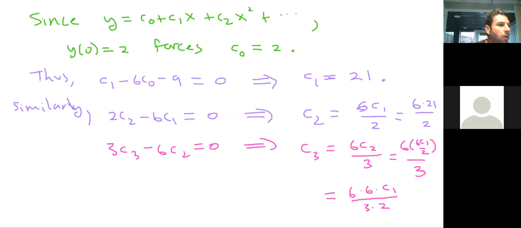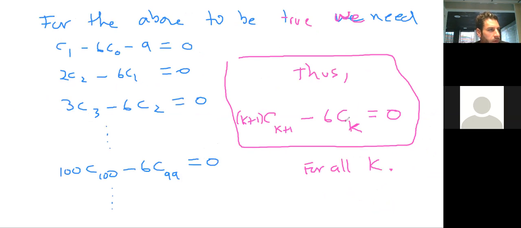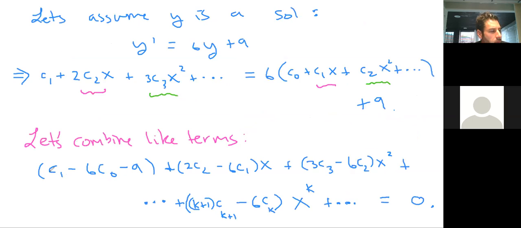All right, now before we go on, it would be very bad if we kept going and we have a mistake here. So what we'd like to do is double check our arithmetic and our formulas. If we go back to the previous page, we believe that we need C1 equal to 9 plus 6C0. So if we go back to the very beginning, C1 minus 6C0 minus 9. Okay, so we think that's correct.